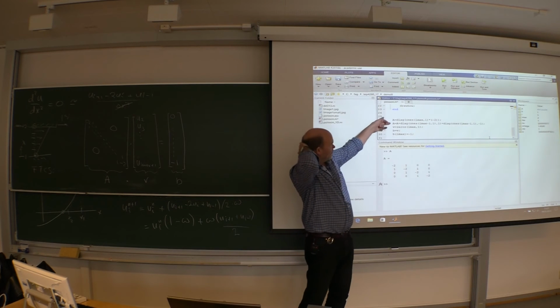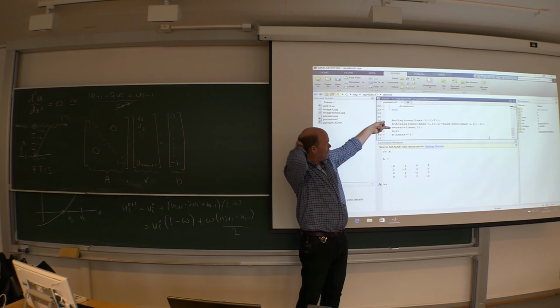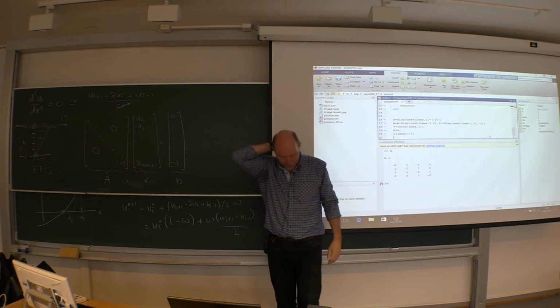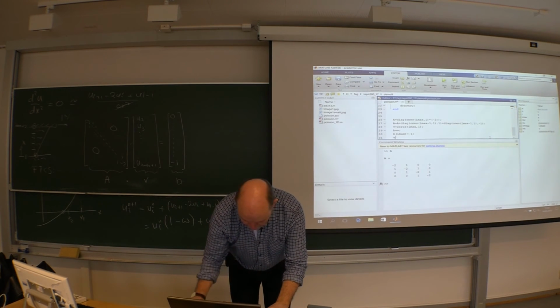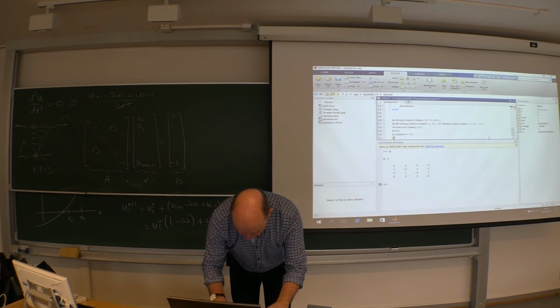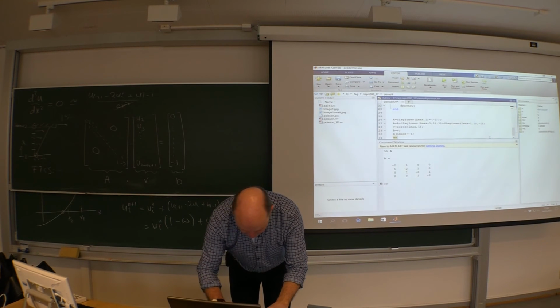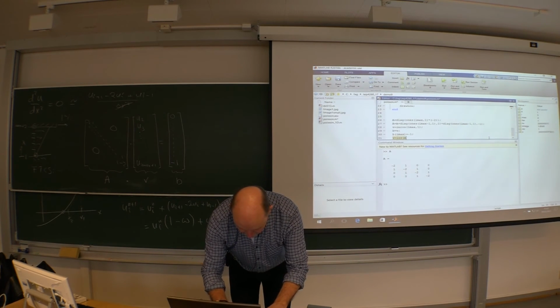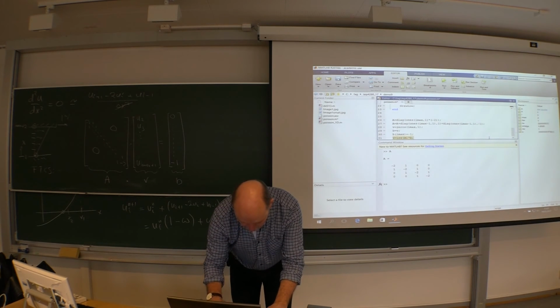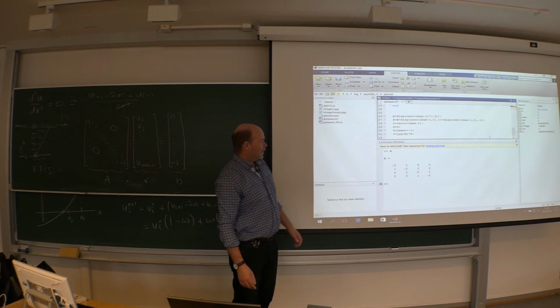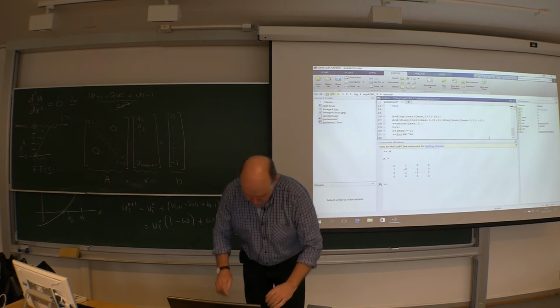Now I have my coefficient matrix, the unknowns, and the right hand side. So how to solve it? You can do something like this. V equals inverse of A multiplied with B. That should be the solution.